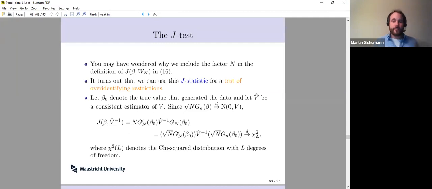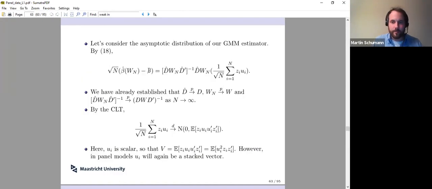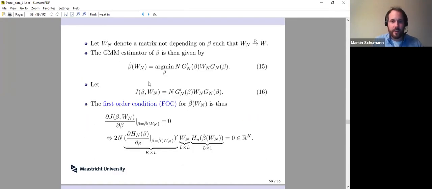Now this is something pretty cool. It's called the J test. This is going back to why we actually put this factor n in our minimization problem when we defined the GMM estimator. Maybe I can quickly go back to 16. You look in 16, we have this additional factor n when we define J. However, in the computation of the GMM estimator, this doesn't make any difference.